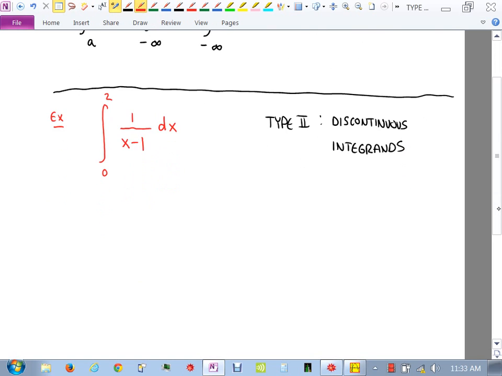What we do anytime we have a discontinuity is we first identify where it's discontinuous. So we have a discontinuity at x equals 1, which is in our interval.